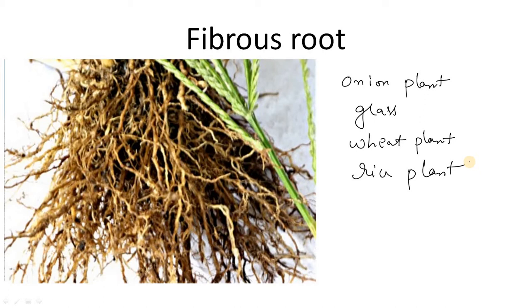So children, two main types, tap root. Some plants and some trees have tap roots, as we saw, and the other sets of plant roots are fibrous roots. So both are different. Remember the difference between tap root and fibrous root, and their examples.